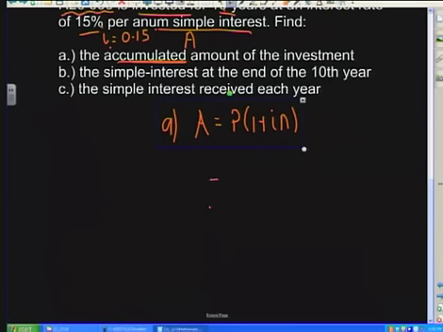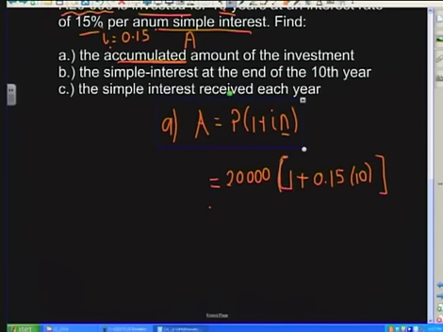We know that P, we started with an original amount of 20,000, times 1 plus I. We've already seen that our interest rate is 0.15, so we put that in. And then N, the number of years, was 10. It's already in years, so we don't have to do anything to it.